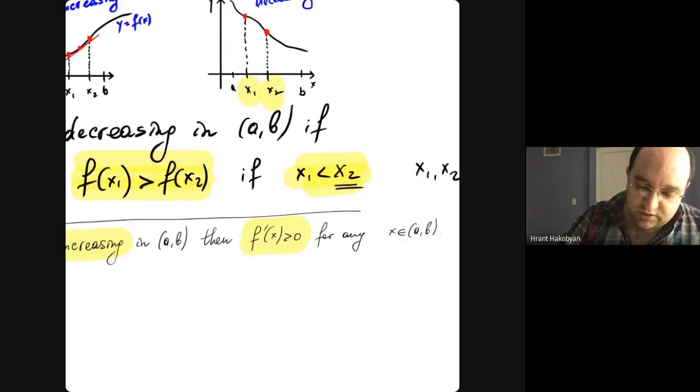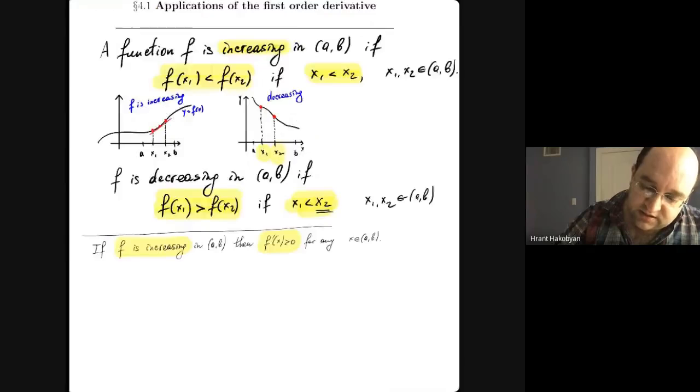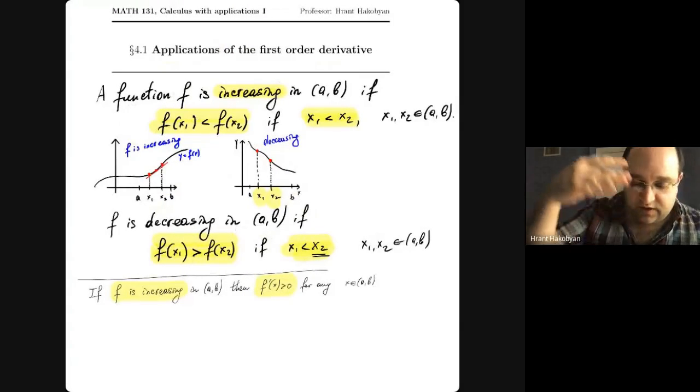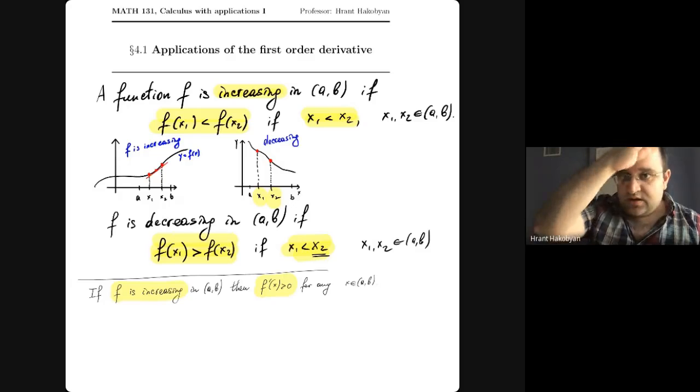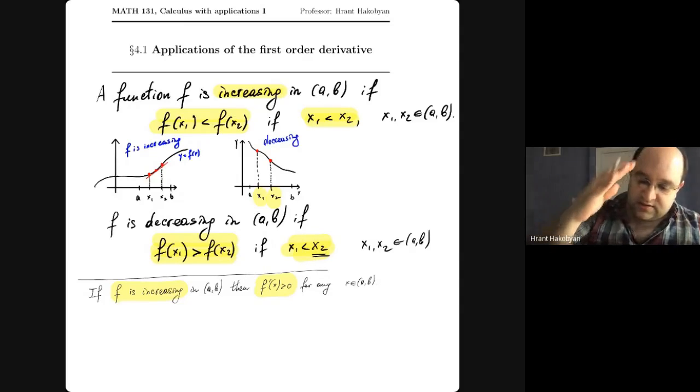Similarly, we can look at the decreasing example. Again, if I take the slope at any point and it is decreasing, that means the slope of the tangent line is negative, so that means the derivative is negative.